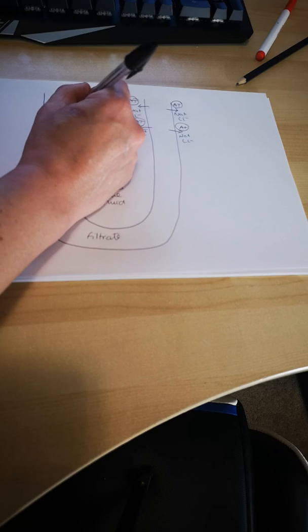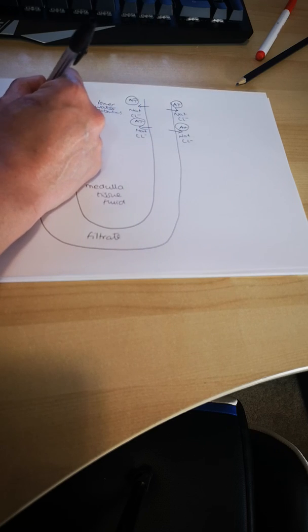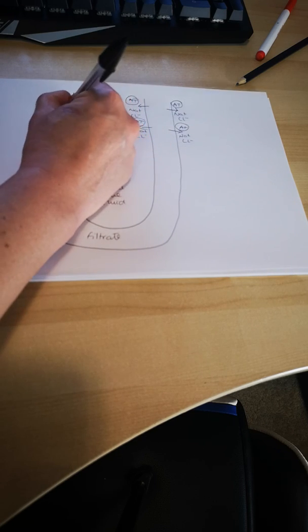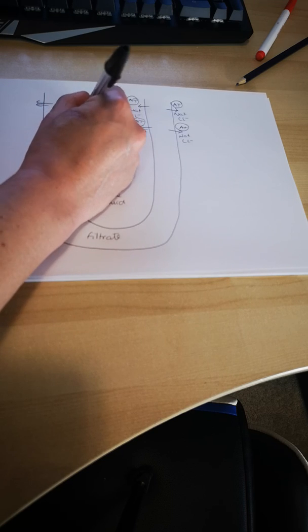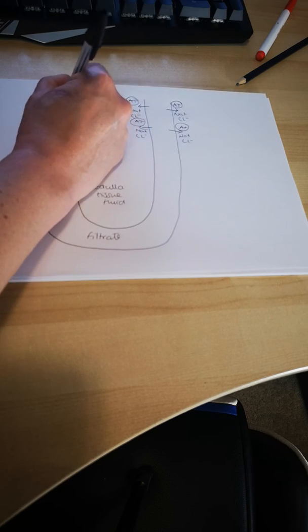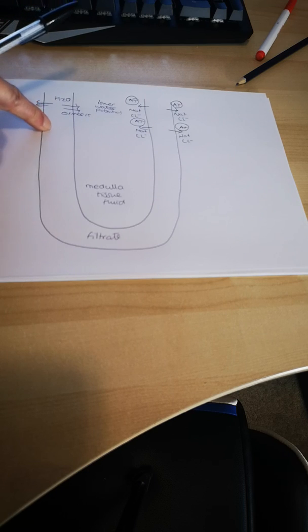So water moves out by osmosis down a water potential gradient, but only here in the descending limb.